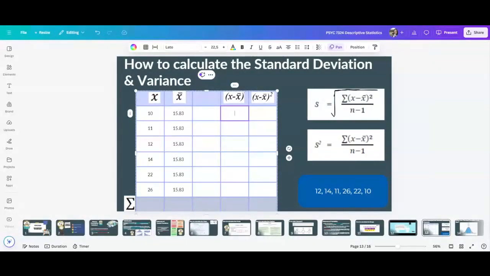Okay, so let's work this out, guys. Let's go. What are these values? And yes, there will be some negative numbers here. Okay. Yes. Okay, minus 5.83. What is 11 minus 15.83? Yep. Okay, the next one. So that's 12.